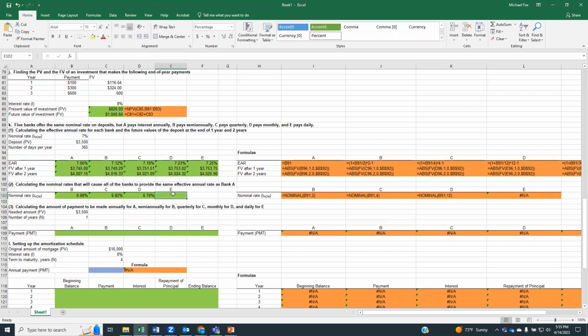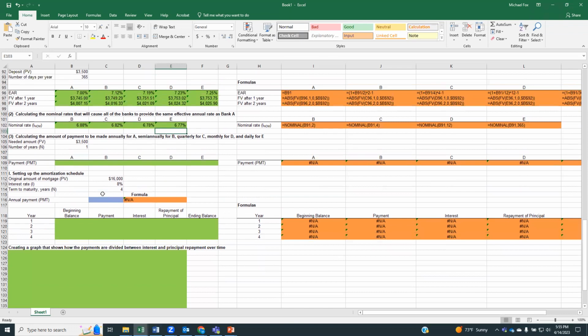And then for E, effective rate of 7%, periods per year, because it's daily, 365. All right, there's our nominal rate. We're almost there.